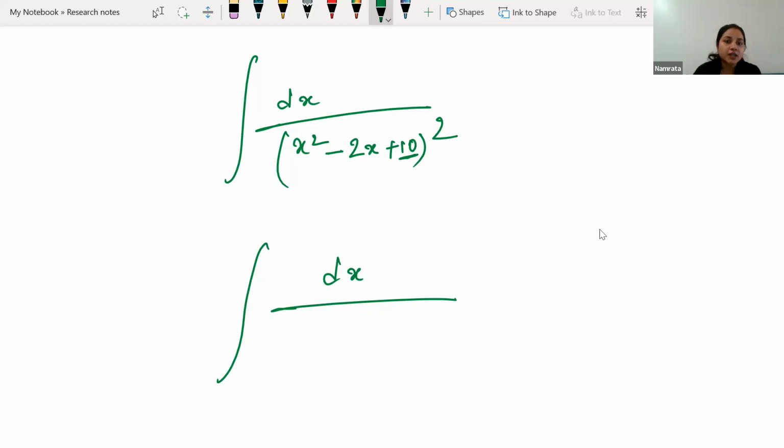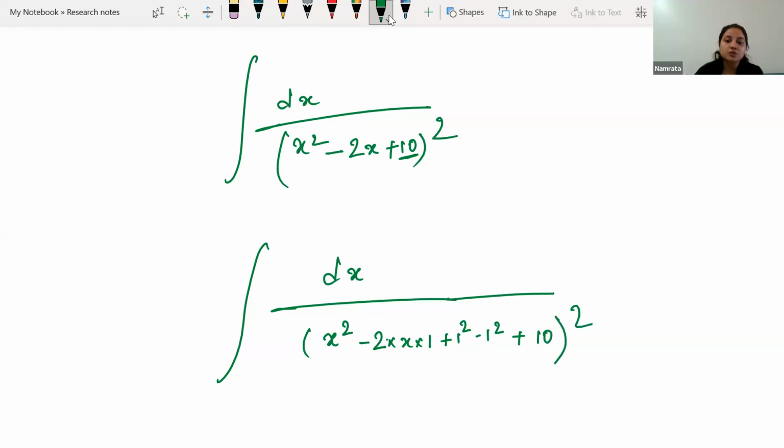So here x square is there, and minus is there. Minus 2ab, b is 1. Okay, plus 1 square, minus 1 square. I am making it a perfect square, plus 10, that whole square.